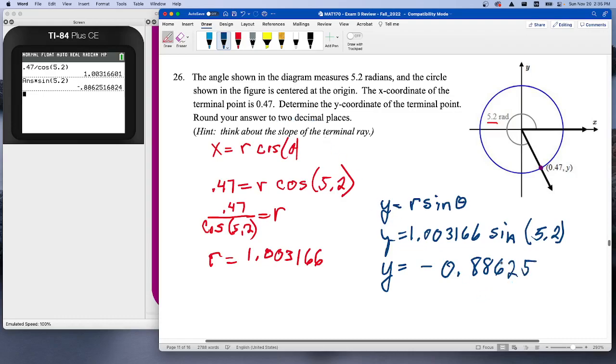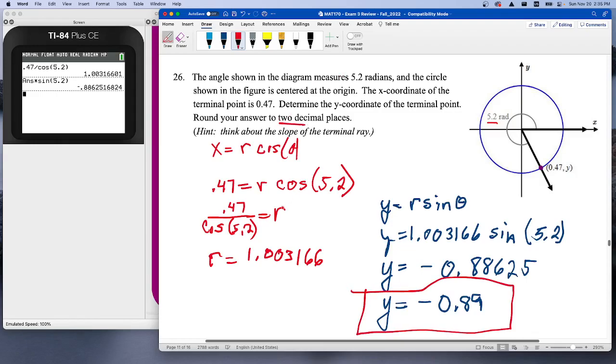Two decimal places, so if we're going to round, 0.89. So that would be the one. It follows all the rules.